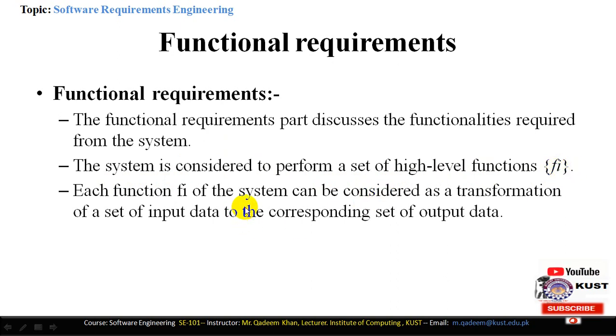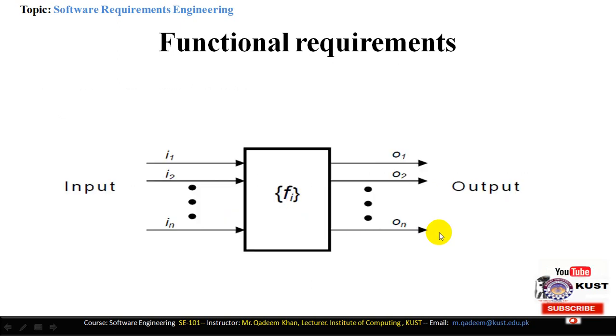Each function Fi of the system can be considered as a transformation of a set of input data to a corresponding set of output data. So Fi takes the input data, transforms the data in the form of the functionality, and produces some useful output. That is called Fi. Now, if we want to diagrammatically represent the functional requirements, here there are the inputs, I1, I2, I3 up to In.